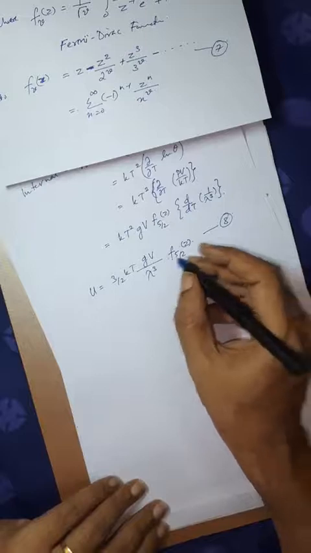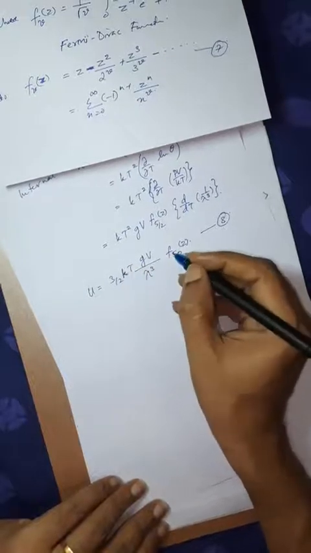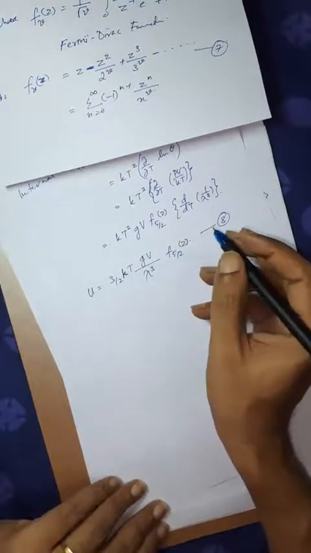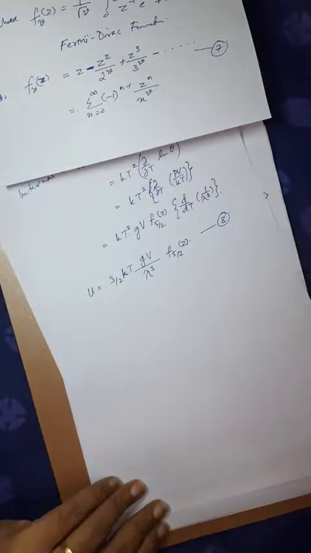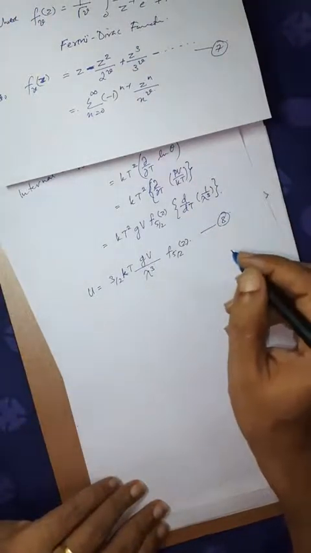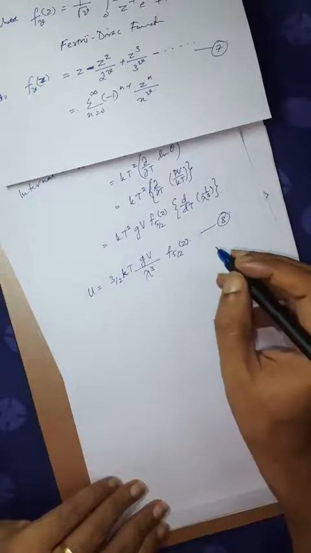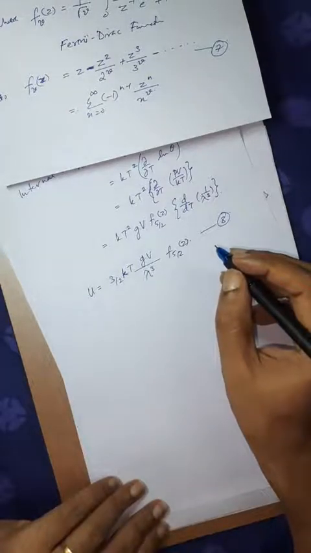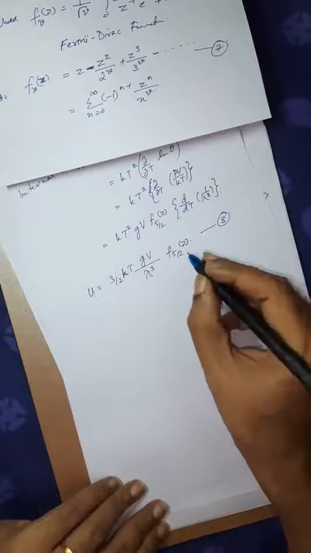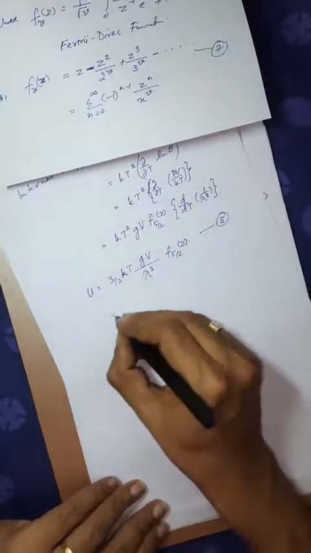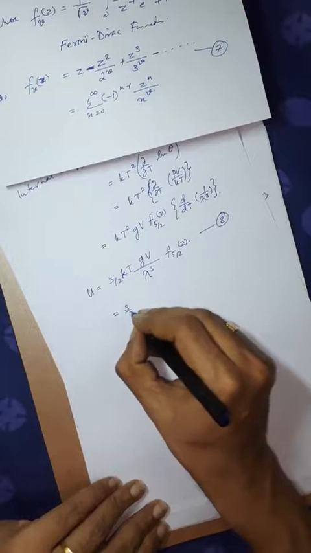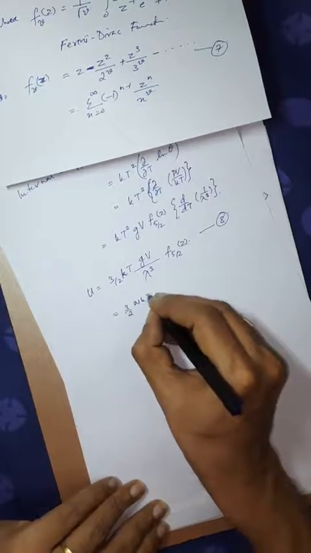Or otherwise, I would prefer to express it in terms of N, because I'm going to discuss the Cv. So let's try to express it in terms of N. What I will do is substitute for the N by V over here, and then I can write U is equal to 3 by 2 N kT.